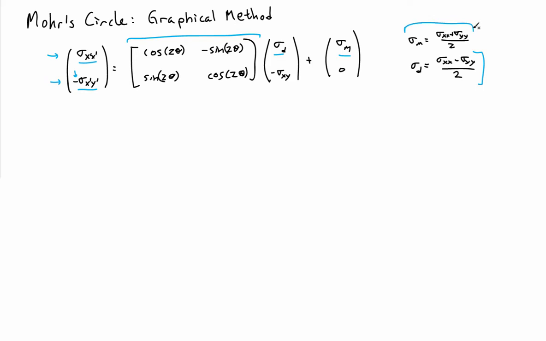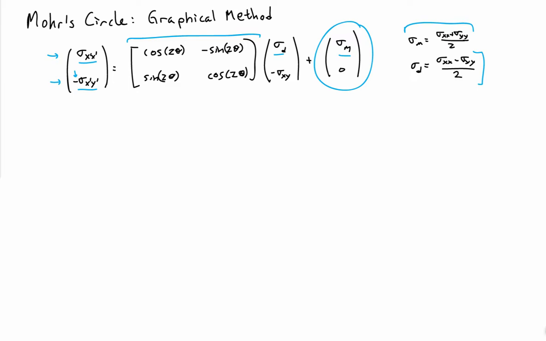So this is a way that I can rewrite. I've just really rewritten the relationships that we had before, but these relationships lend themselves to a geometric interpretation. In particular, it may not be particularly obvious looking at them, but they're actually the parametric equations of a circle that's centered at sigma m, 0.